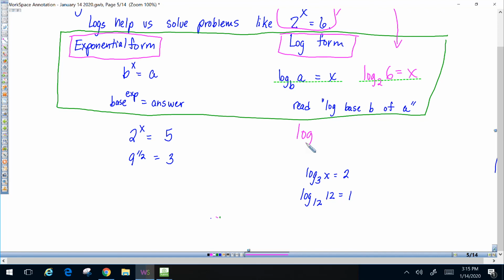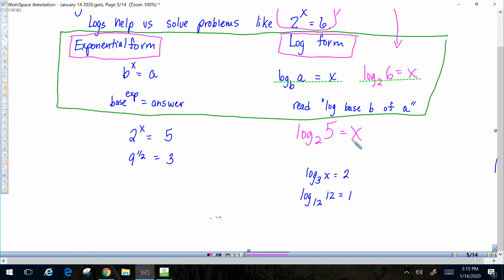What is the base of that problem? 2. So 2 is your subscript. What is the answer part of this problem? 5. Equals, what is the exponent of that problem? X. Okay? Exponential form, log form.